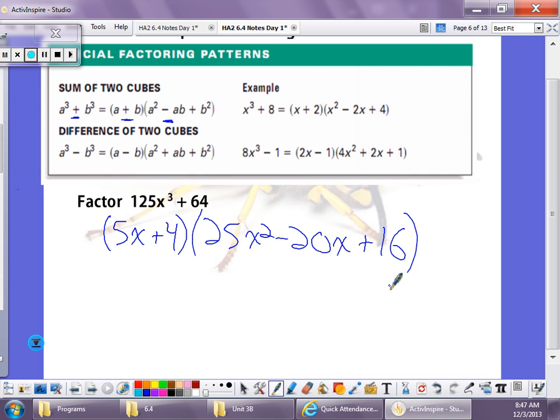And then from here you would want to look and see if you can easily factor this second part. Sometimes you'll be able to factor this quadratic pretty easily. This one doesn't work quite well. It's not a perfect square trinomial. So you would have to do the AC method, see if that worked. But since it's not simple, we can just leave it as this, and then we'd be done.